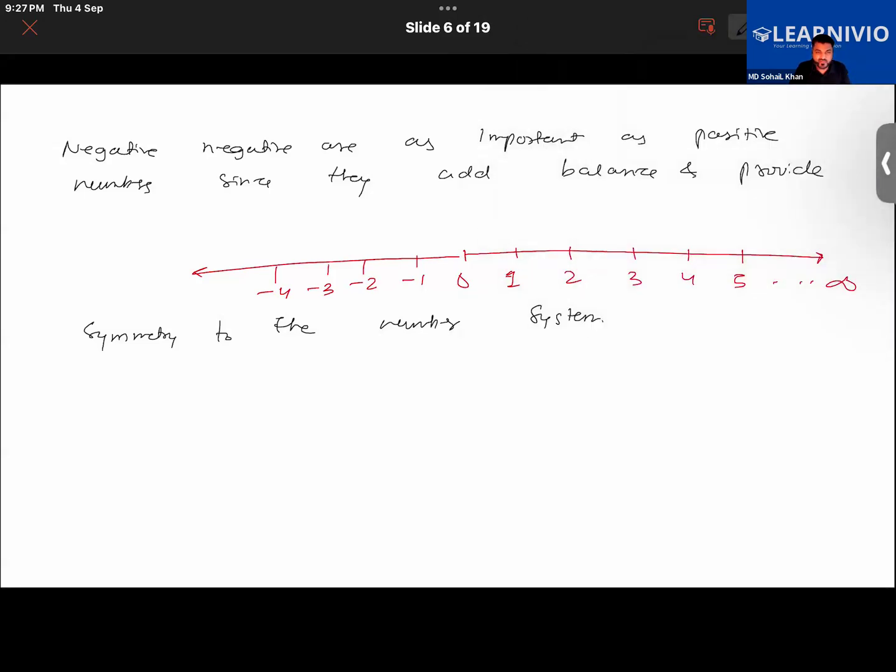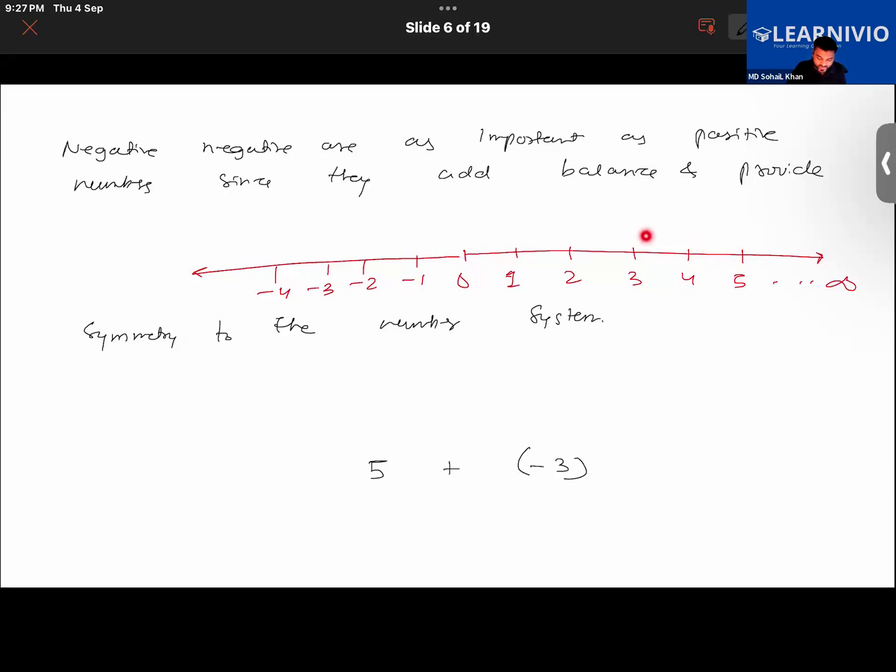Suppose you have taken 5 and you are adding -3 to this. Right now you are standing at 5, and here it's -3, meaning that you have to take 3 steps in the opposite direction.